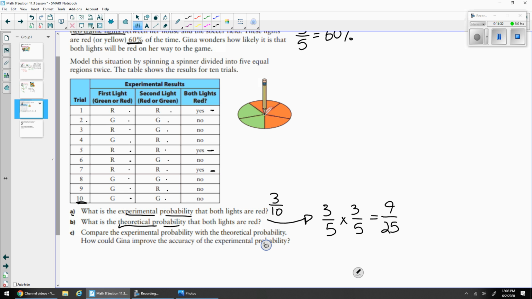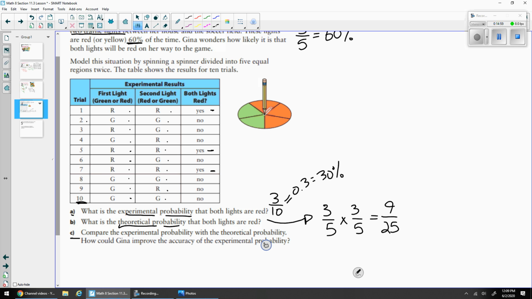Okay, so let's compare the experimental probability with the theoretical probability. In a sense, all it's asking is which one's greater? Is 3 out of 10 or 9 out of 25 greater? We can do this a couple ways. You can either make them into fractions that have the same denominator, or we can make them into percentages. So 3 out of 10 is equal to 0.3 when you go 3 divided by 10, times by 100 is 30%.